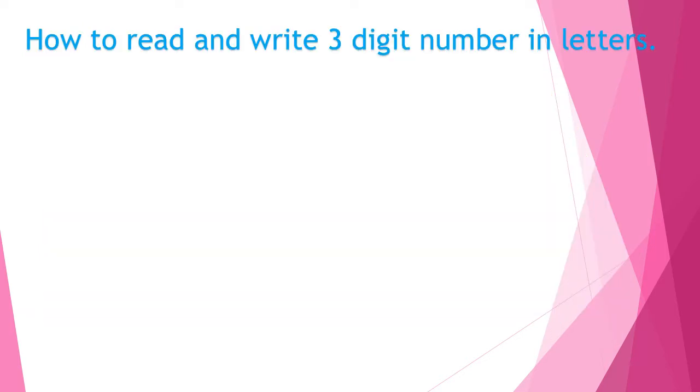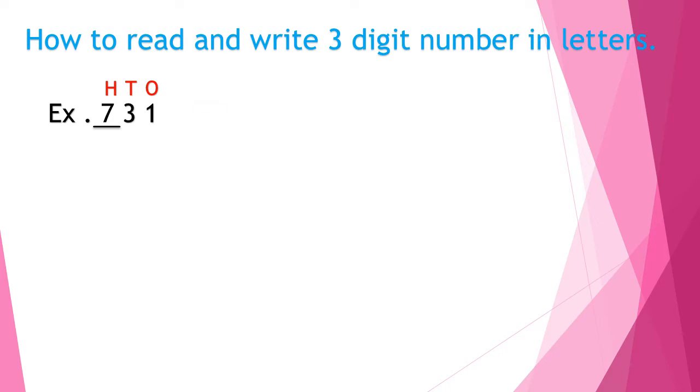Now, let's learn how to read and write a three-digit number in letters. For example, in this number we know that the first digit is ones, the second digit is tens, and the third digit is hundreds. To read this number and write it in letters, we will start from the left. The first number from the left, I will say the number with its place.